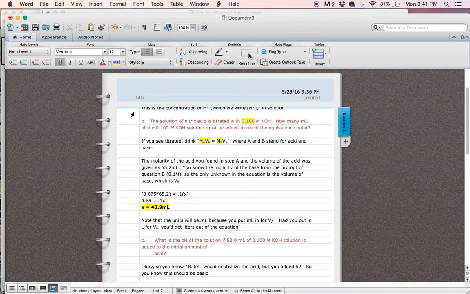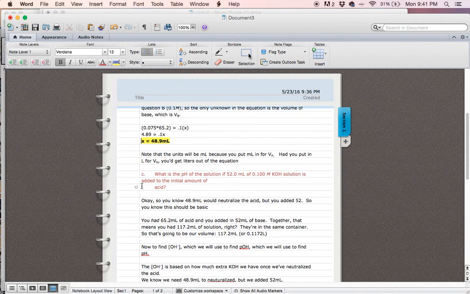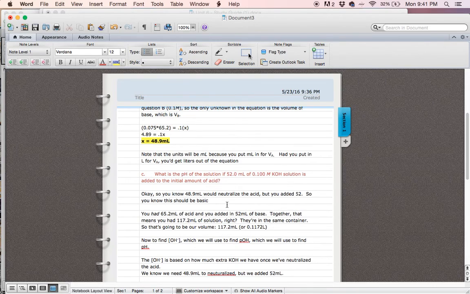And I think where people get a little bit concerned is, well, what about adding in excess? So I know from part B that I need that 49 or 48.9 milliliters to get rid of all the acid. But I added more than that, so I know that I should get a basic solution thereafter.